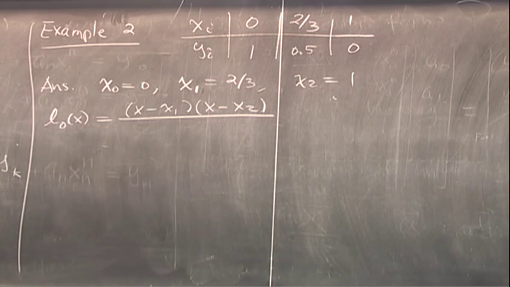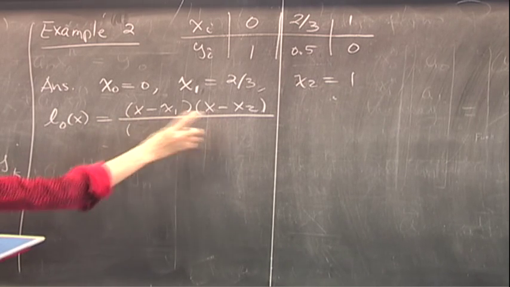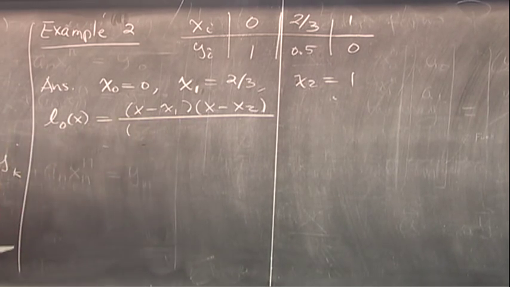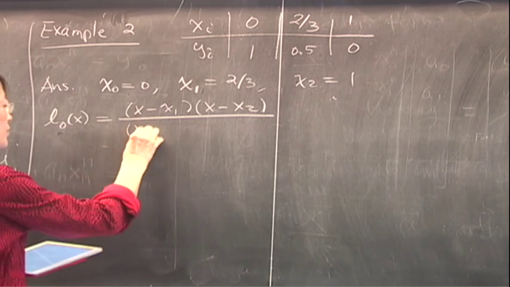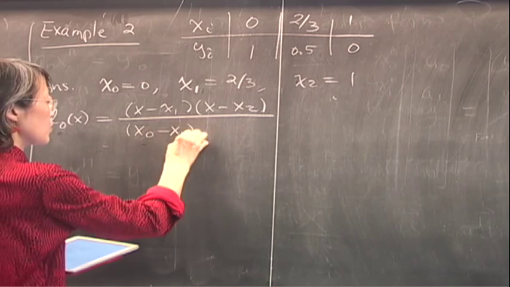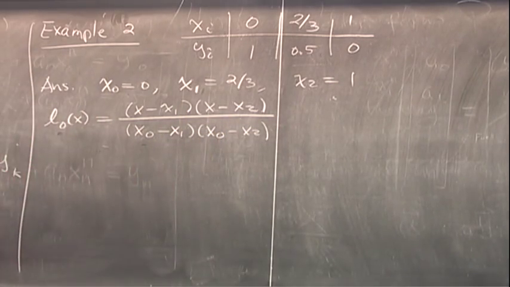And what's in the denominator? That's exactly the same as the numerator, and I change the x to x0, the same index. So this will be x0 minus x1, x0 minus x2. Is that clear? I just want you to actually see one cardinal function.